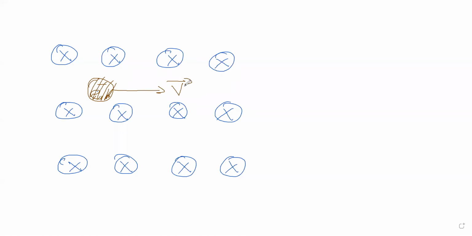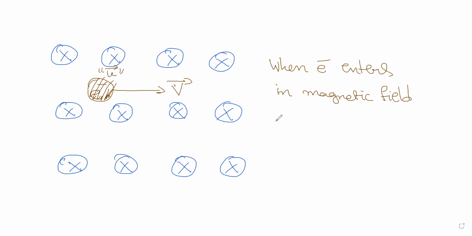This is the velocity of the charged particle. They asked, when the electron enters the magnetic field, initially they have given u, magnetic field, its speed v. That's all they have given.